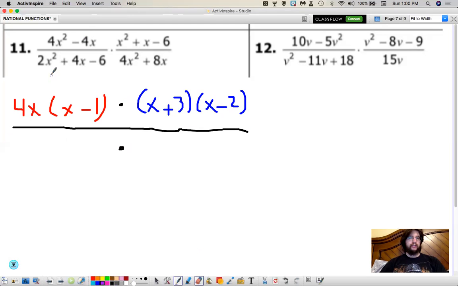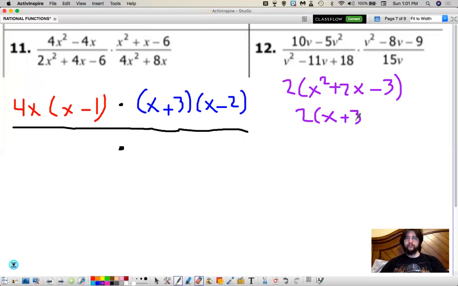This one has a GCF, so I'm going to do some scratch work on the side because I don't want to write this twice. I'm going to factor this. Let's see. 2x squared plus 2x minus 3. Now you could do this down here and then just solve a whole other step. That's fine. And this guy, AC shortcut, that's going to be 2x plus 3, x minus 1.